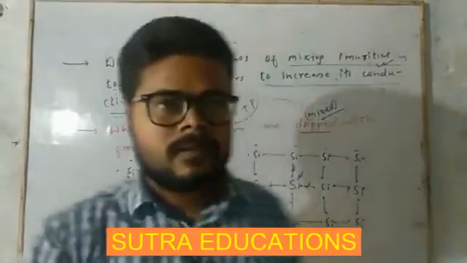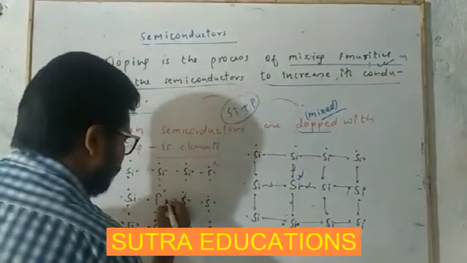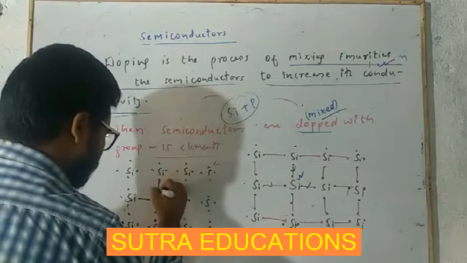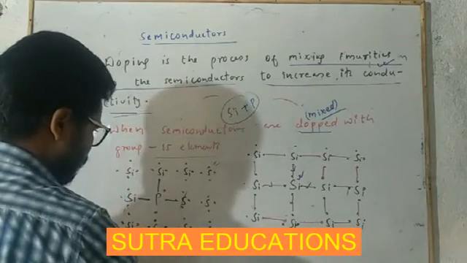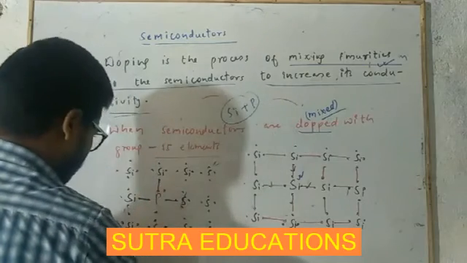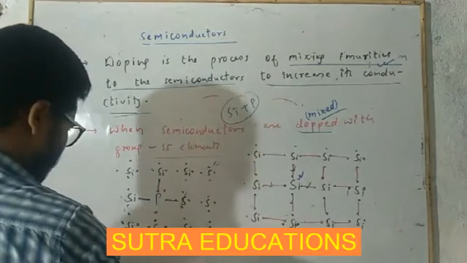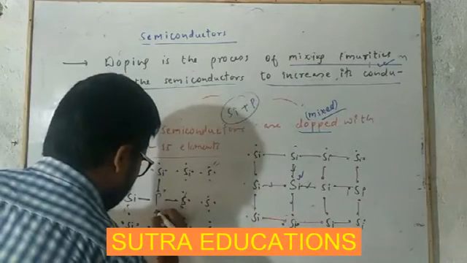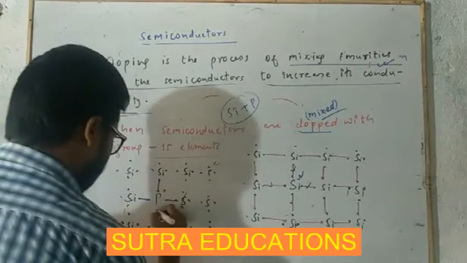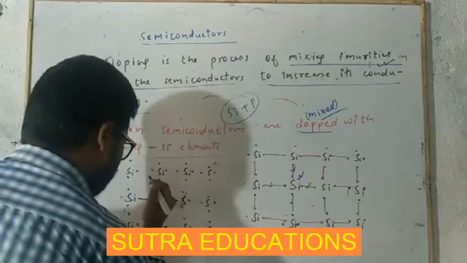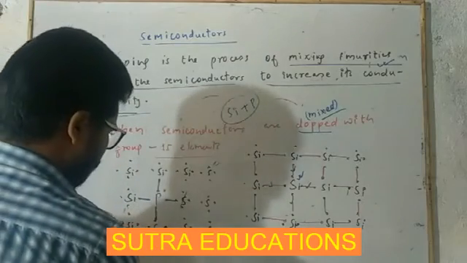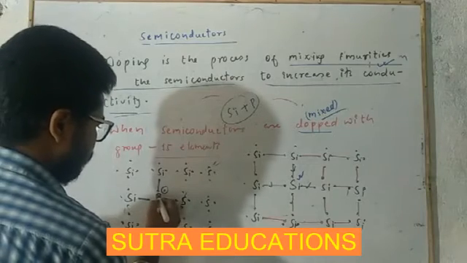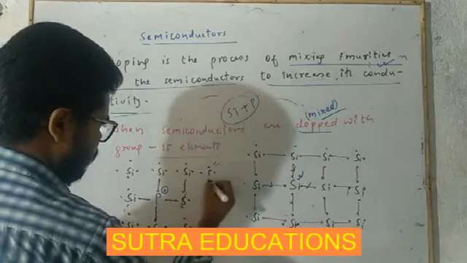All 4 valencies of phosphorus will be satisfied with adjacent silicon. But here there is one electron which is still free.